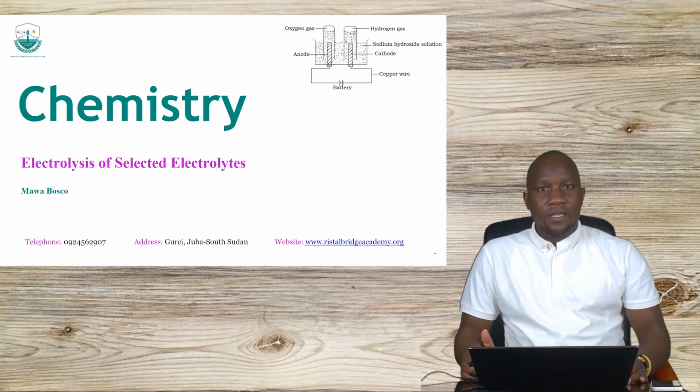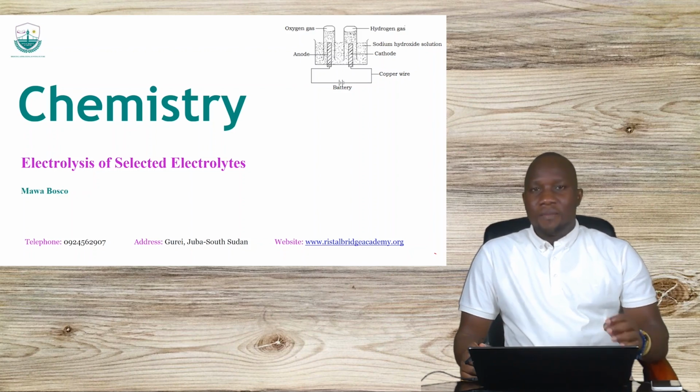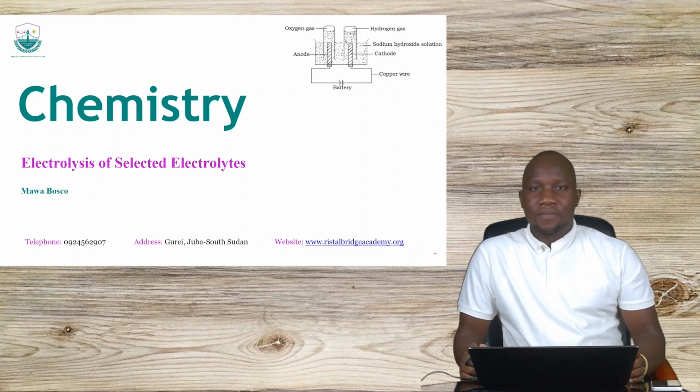Welcome everyone. Let us look at the electrolysis of some selected electrolytes. Why do we want to look at this? This session will actually make you understand the previous sessions better.